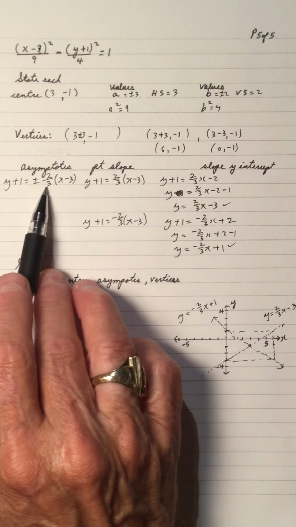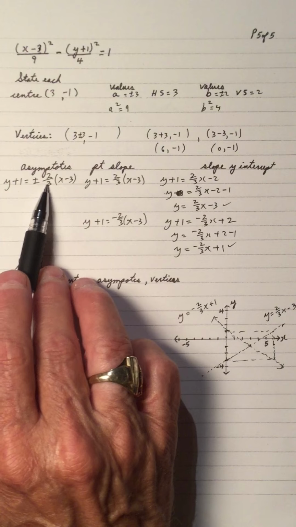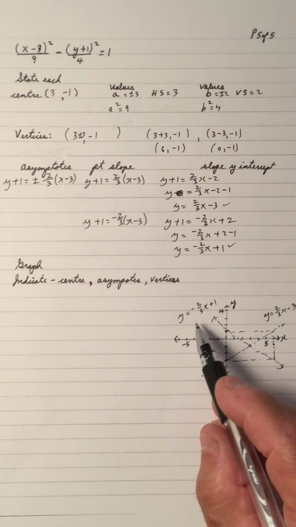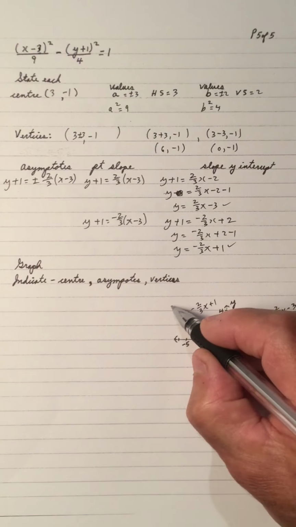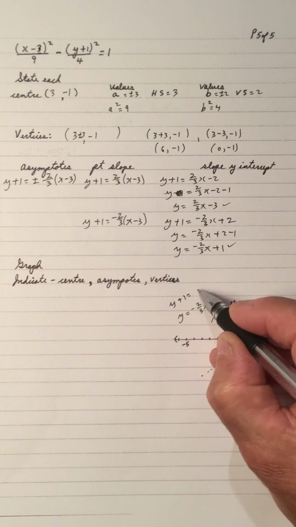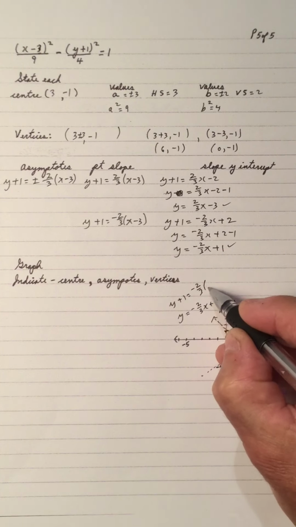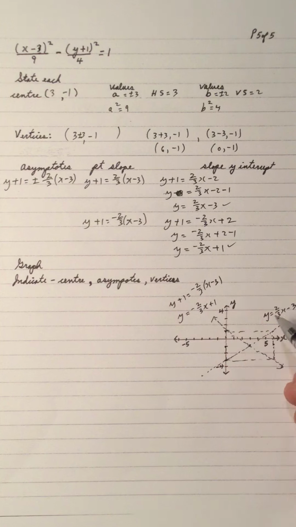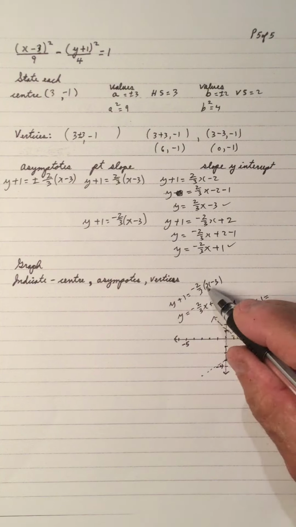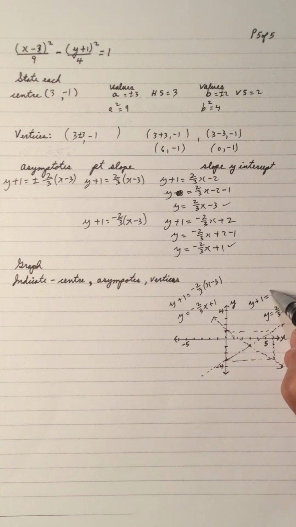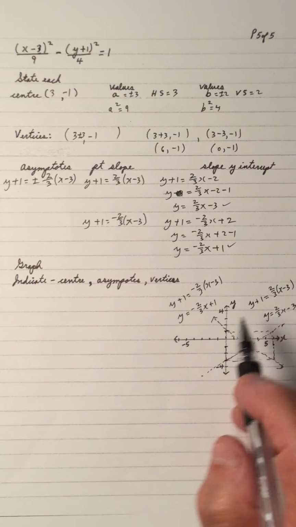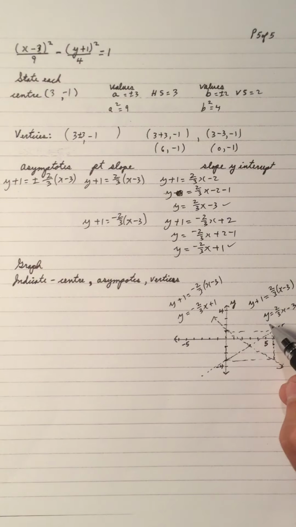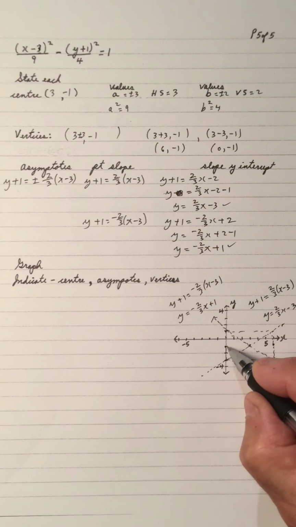Or we could write it like this: y plus 1 is negative 2/3 x minus 3. Either way you can write the asymptote in point-slope form or slope-intercept form. It's up to you. So there's the two, and the vertices are right here.